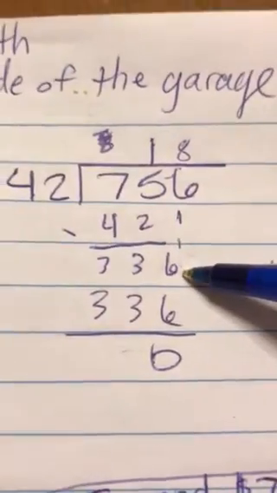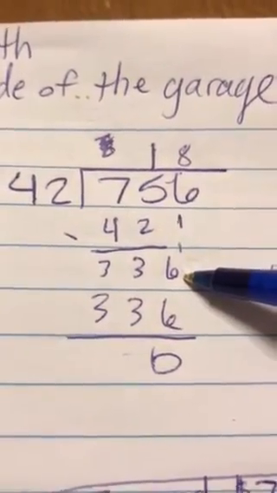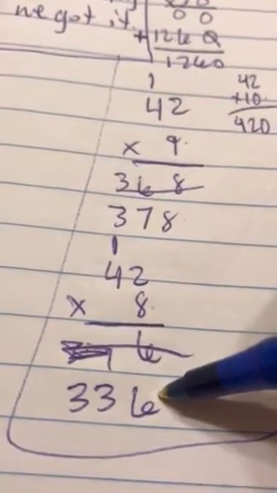Just stick a 0 at the end. So when I noticed that, I thought, okay, 420 is a little bigger than 336. So I need a number that's smaller than 10 to multiply by. We tried 9. That number was still bigger than 336. So we went down and did 8, which came out to exactly 336.